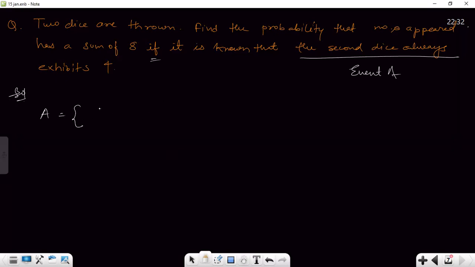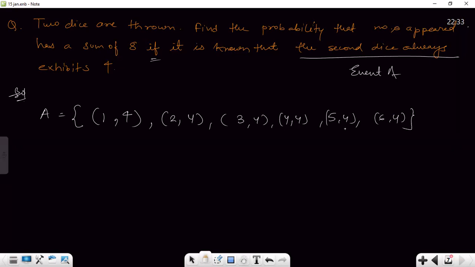If there are two dice, there is always 4 on the second. There can be 1, 2, 3, 4, 5, and 6 on the first dice. So basically, 6 cases are there for event A, where 4 is always on the second dice. So that's the event A.